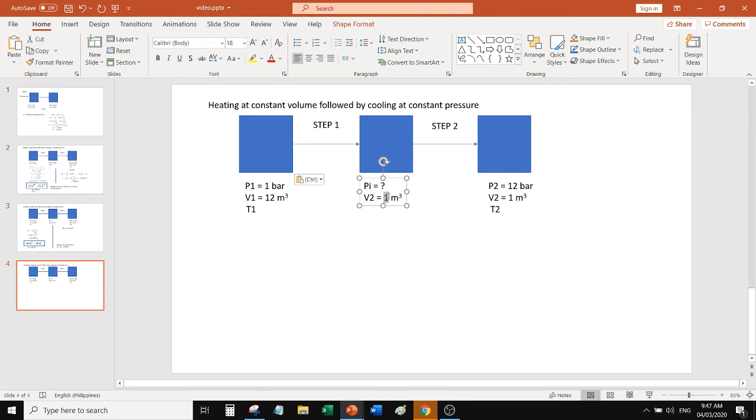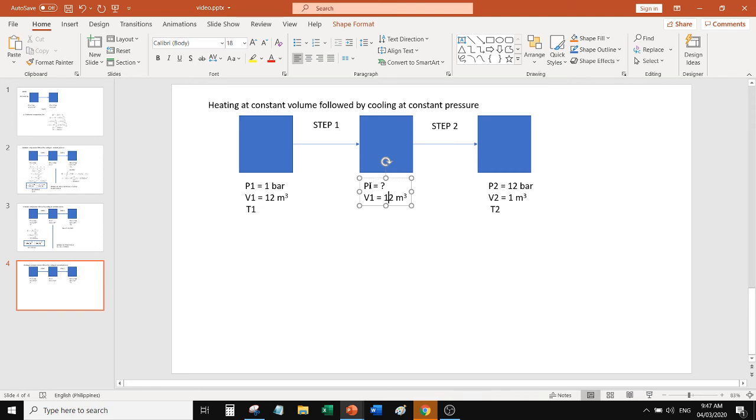So V2 is 12, since the intermediate volume is equal to V1, 12 meter cube. Heating at constant volume followed by cooling at constant pressure.